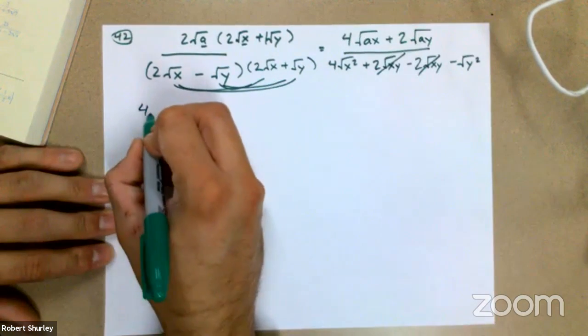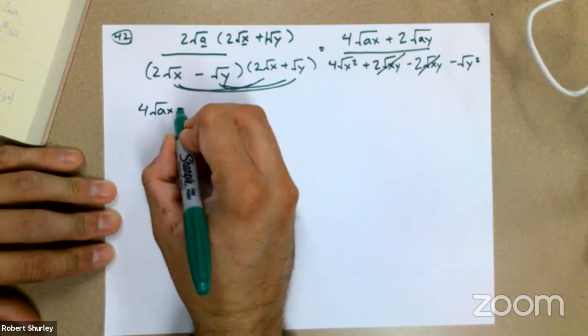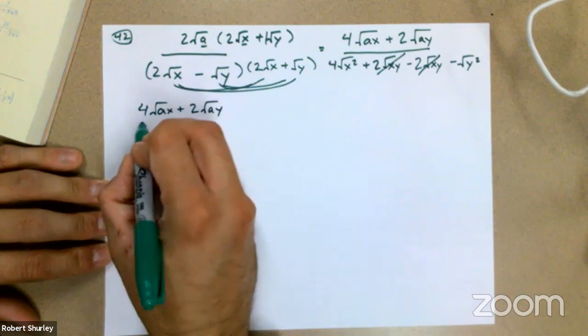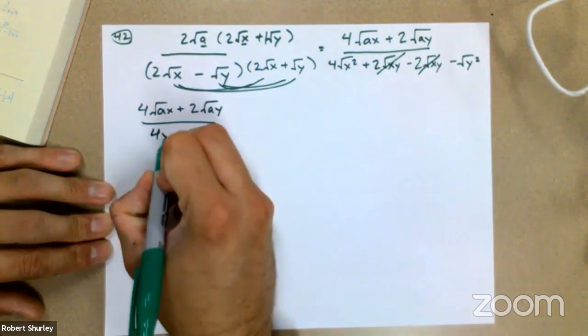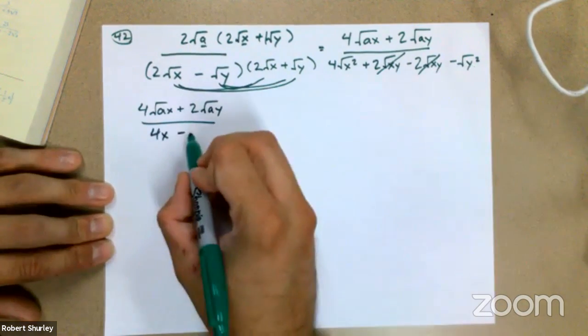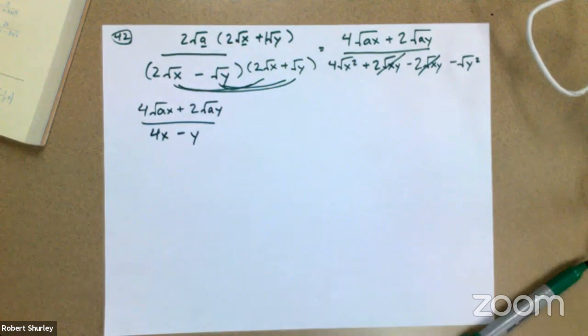So up top we've got 4 square root of ax plus 2 square root of ay. Now bottom, x squared is just x. So this one's 4x minus square root of y squared, which is just y. Okay. So let's think about this. Can we simplify past this?